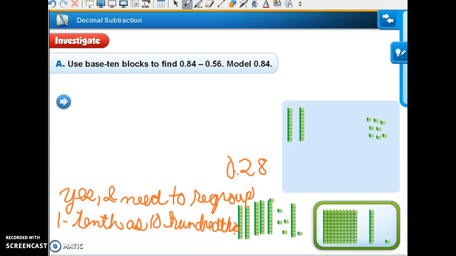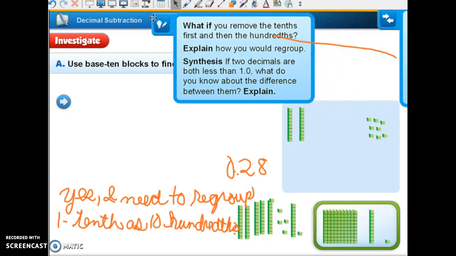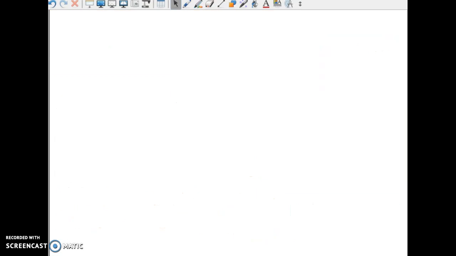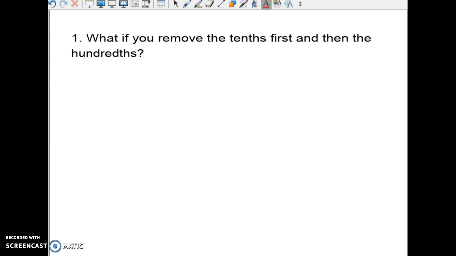All right, we're going to go and ask another question. Down at the bottom, it asks, what if you remove the tenths first and then the hundredths? Explain how you would regroup. So under the draw conclusion, the first question is, what if you remove the tenths first and then the hundredths?